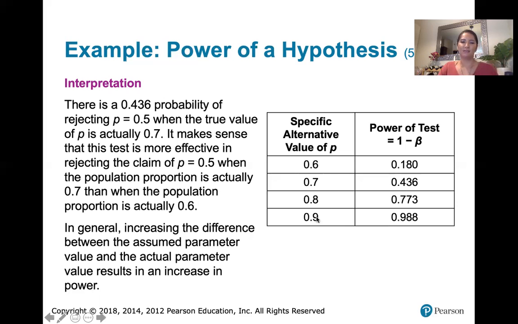Notice that if the true population proportion is 90%, and we're using this hypothesis of p equals 0.5, we have a 98.8% chance of correctly rejecting the null hypothesis in that case. So as this p-value goes up here, the power of the test goes up over here.